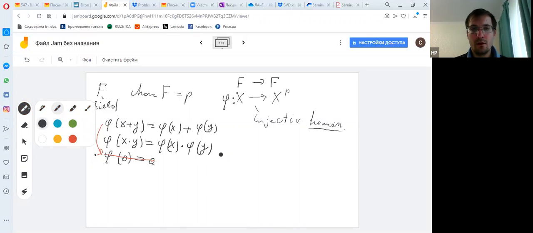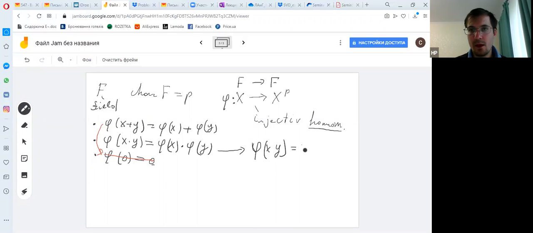Okay, let me just check these two. The second is very simple. The second says phi from x multiplied by y equals x, y in power p. This equals x in power p multiplied by y in power p.